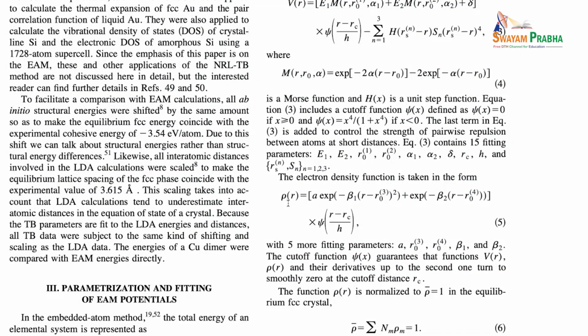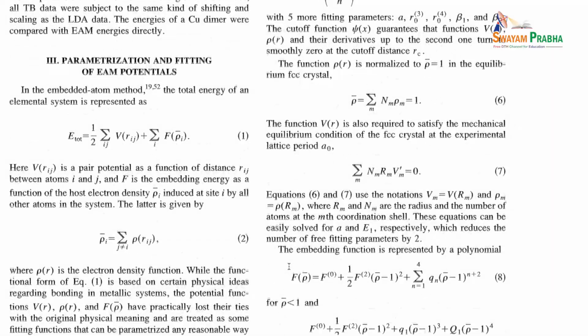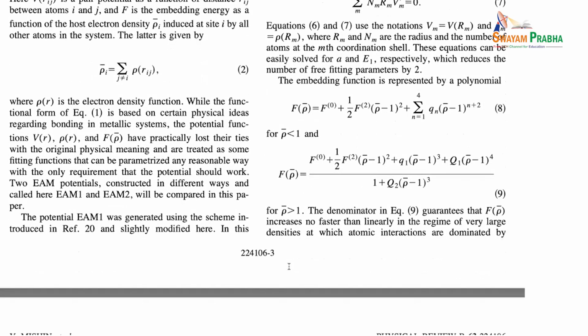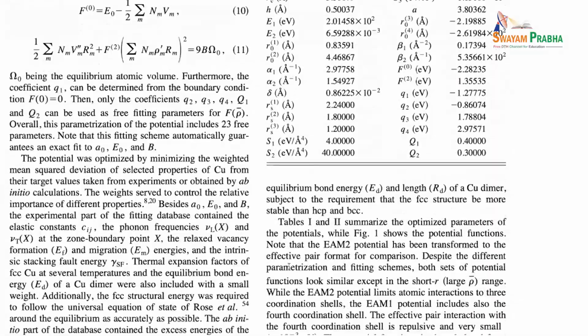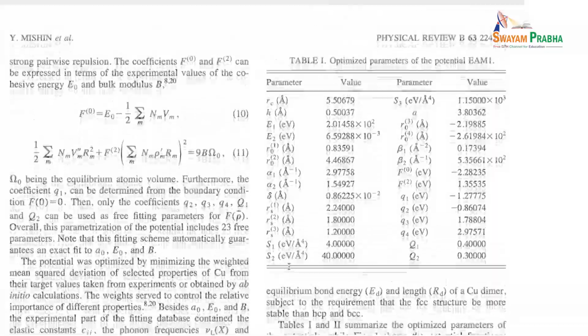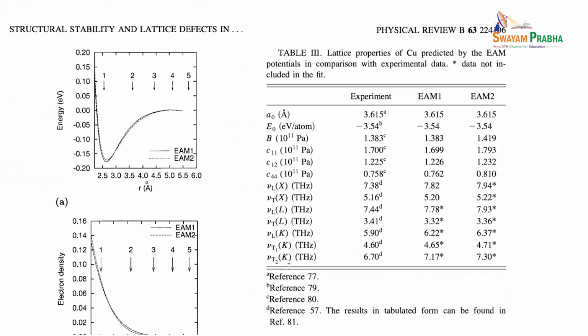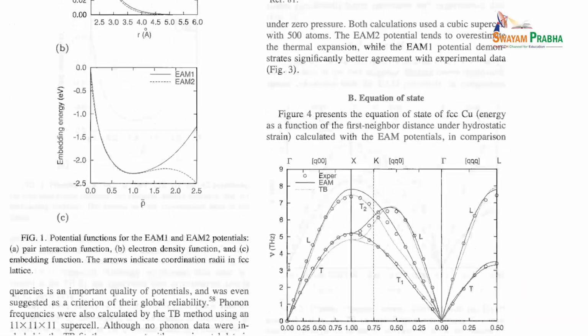And then we have the embedding function, the F function here. Again, there's some mathematics. He proposes to use some mathematical form. And then these are the parameters. There should be a table. Yes. So these are some of the parameters he used.